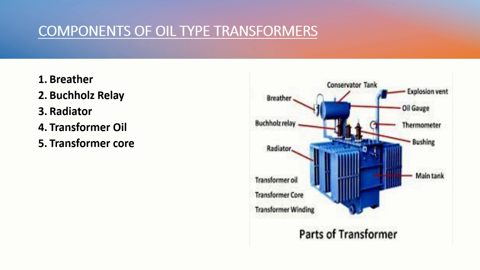Transformer core, which is placed inside the main tank, over which the oils are placed. Transformer windings, which are wound as primary winding and secondary winding on the cores. And bushings, where the connections are going to be placed, like externally the power is taken out from these bushings and it is taken out from the transformer.